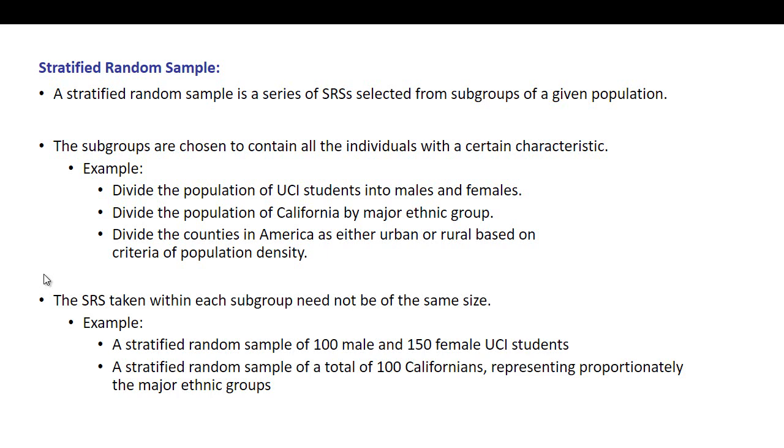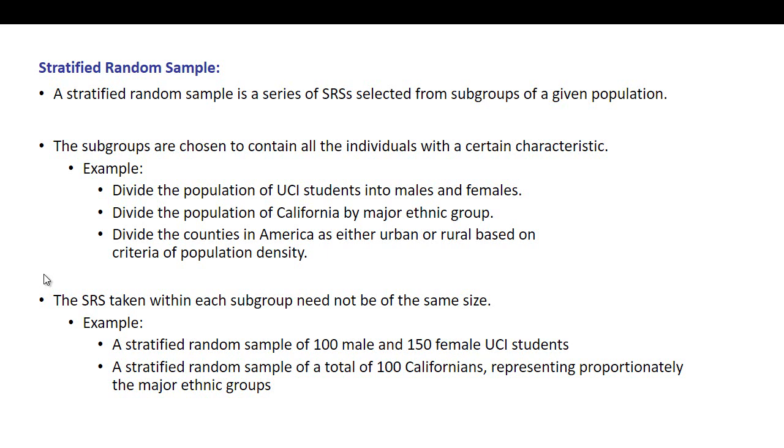The SRS taken within each subgroup need not be of the same size. So we may pick a random sample of 100 male and a random sample of 150 female students. The samples from the subgroups are not required to be of the same size.